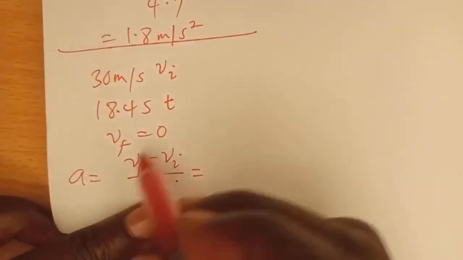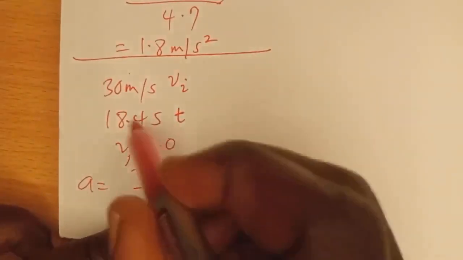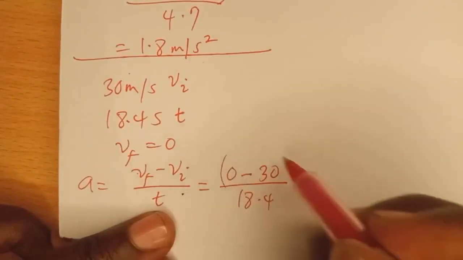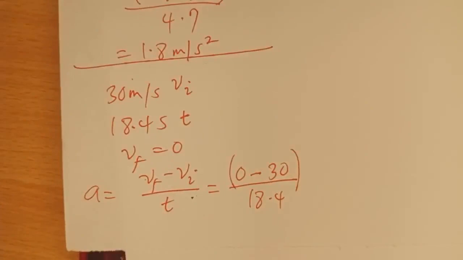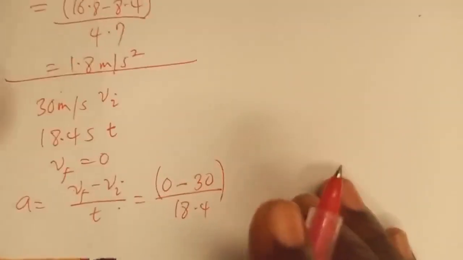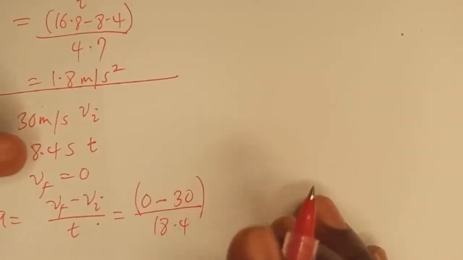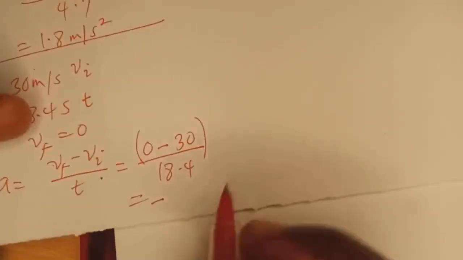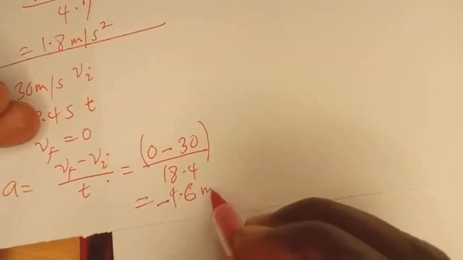My v final is 0 because it stopped, v initial is 30, divided by the time taken 18.4. So the rest, I will now take my calculator and open bracket and say 0 minus 30 close bracket divided by 18.4, and this will give me negative 1.63, approximately negative 1.6 meters per second squared.